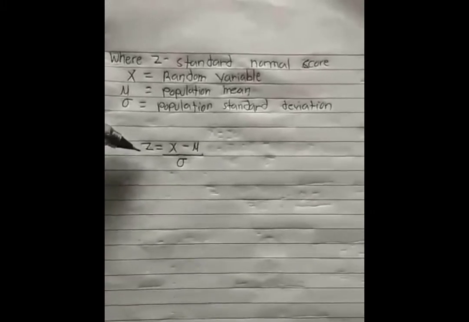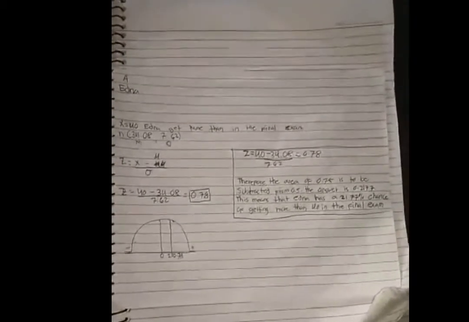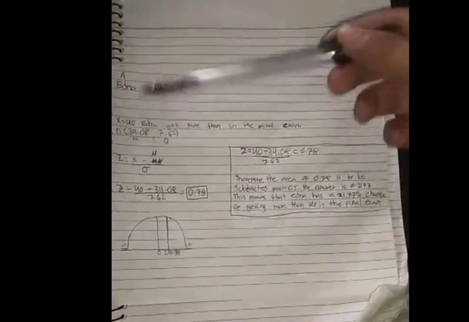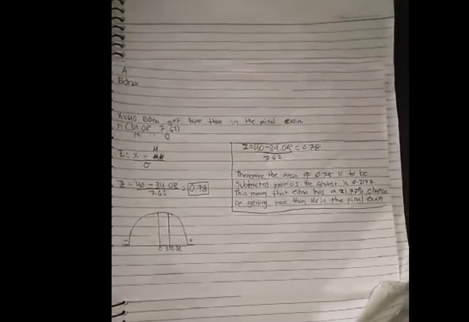This is the final formula: z equals x minus mu, over sigma. To summarize the problem we showed earlier, we have 40, the score Edna needs to get more than in the final exam, and the given mean is 34.08 and the standard deviation is 7.62.